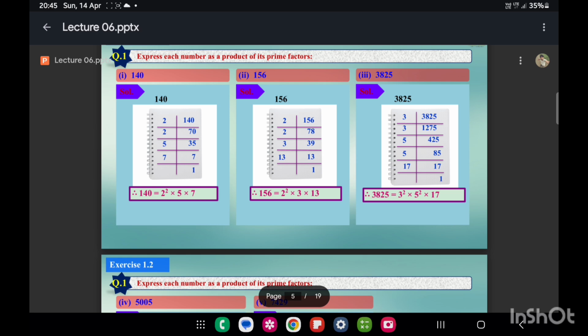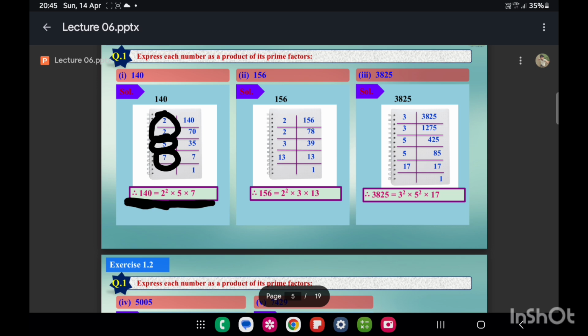Again 70 will divide by 2. 2 thirty-fives are 70. Again 35 can be divided by 5. 5 sevens are 35. 7 can be divided by itself only, so 7 ones are 7. So the product of prime factors is 140 equals 2 power 2, then 5 power 1 and 7 power 1. This is the way of writing the product of prime factors.